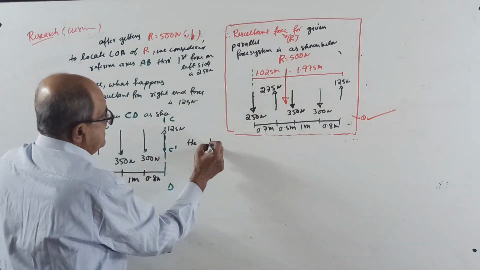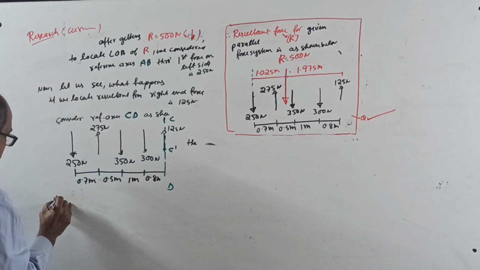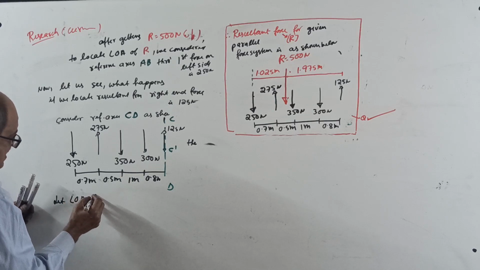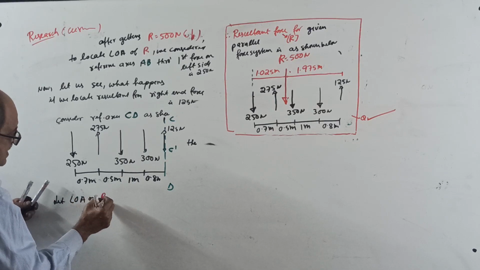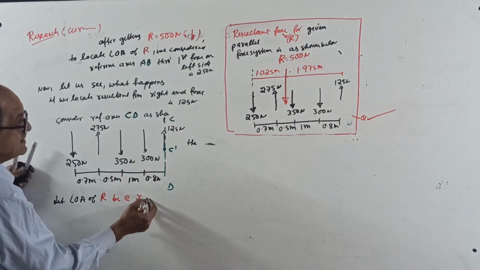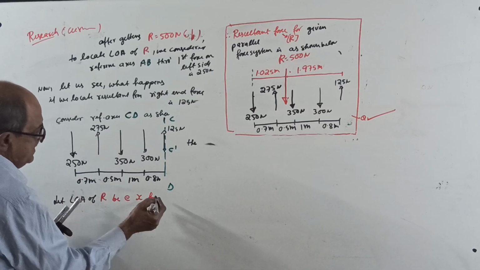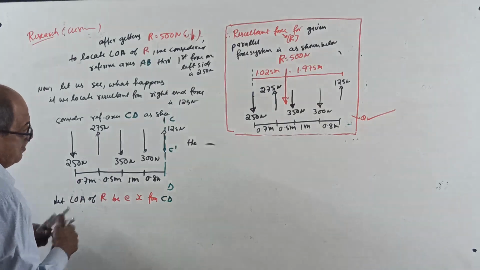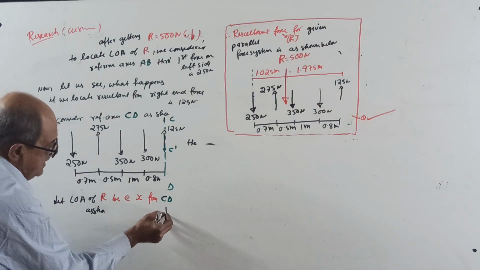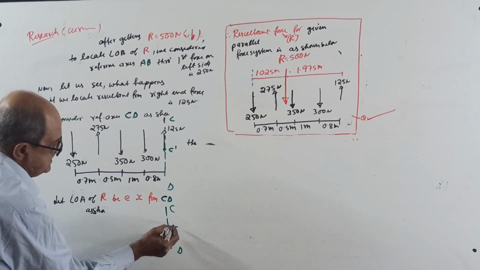Then let the line of action of resultant be at x only, x from CD, as shown. See, same CD, a point C dash here.